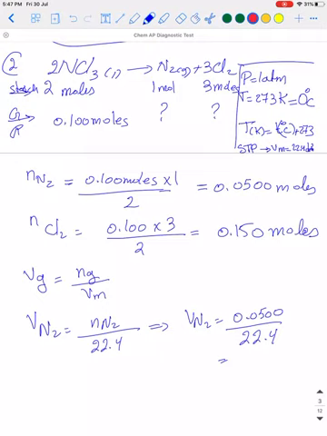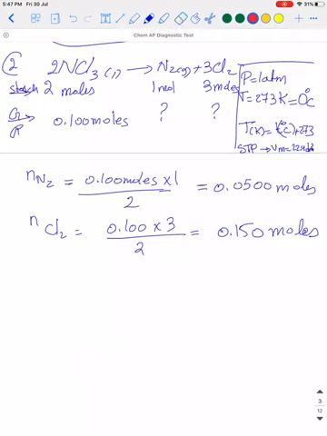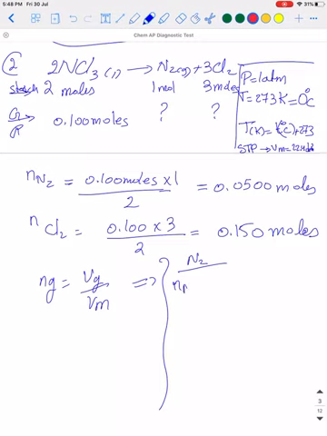Wait, I'm sorry. Let me correct myself. The number of moles of any gas is the volume of gas over V molar. Which means I will deal with nitrogen first of all. Number of moles of nitrogen is equal to the volume of nitrogen over 22.4.